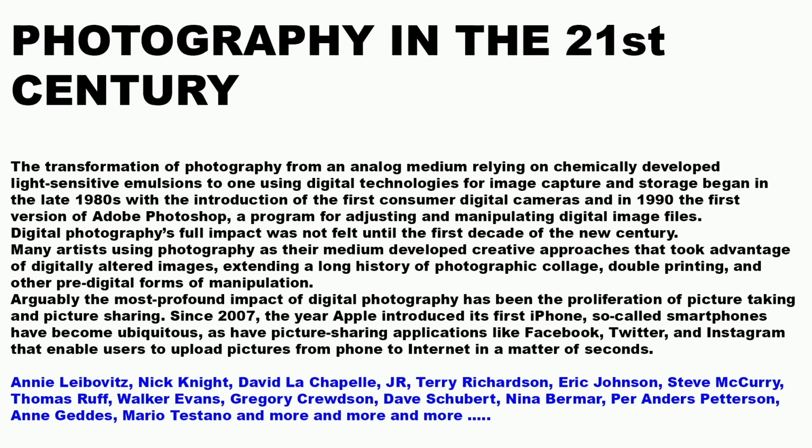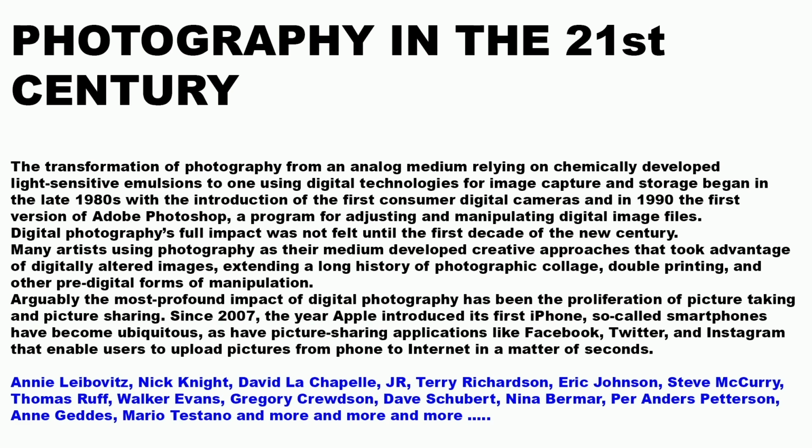Digital photography's full impact was not felt until the first decade of the new century. Many artists using photography as their medium developed creative approaches that took advantage of digitally altered images, extending a long history of photographic collage, double printing, and other pre-digital forms of manipulation.